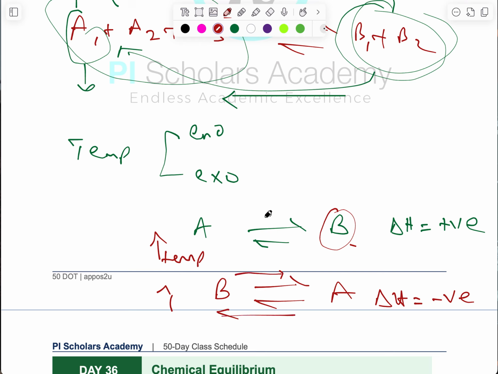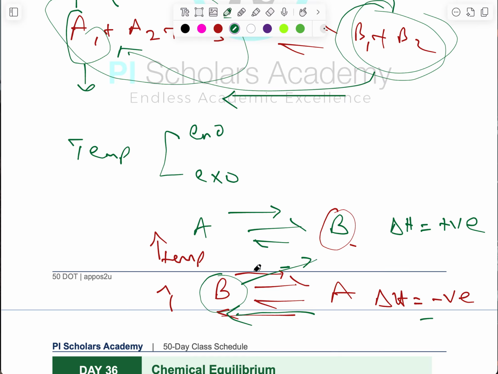You can see that it still leads to the same thing. In this place, this is endothermic. So because it is endothermic, increase in temperature favors forward reaction. This one is exothermic. Increase in temperature does not favor exothermic reaction. Instead, it will favor the reverse process. So therefore, if this is exothermic, that means that backward reaction will be favored. That means that more B has to be formed.